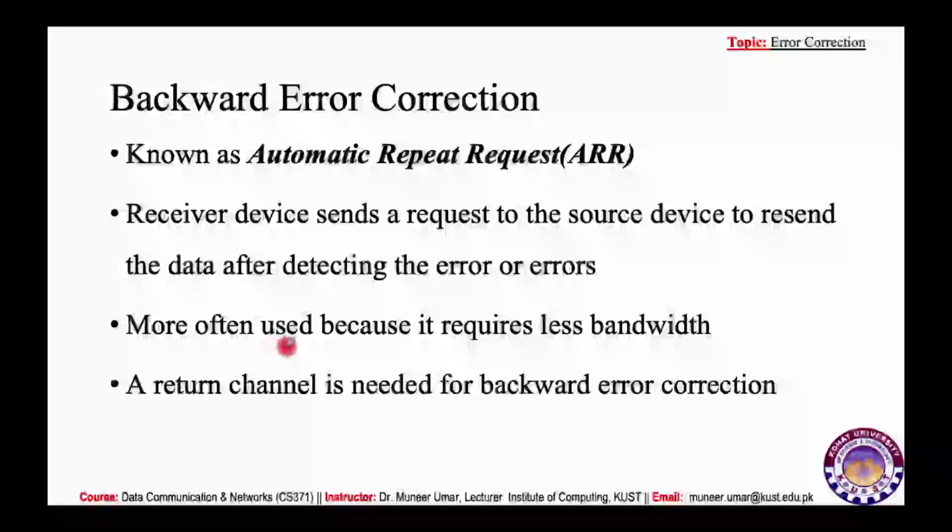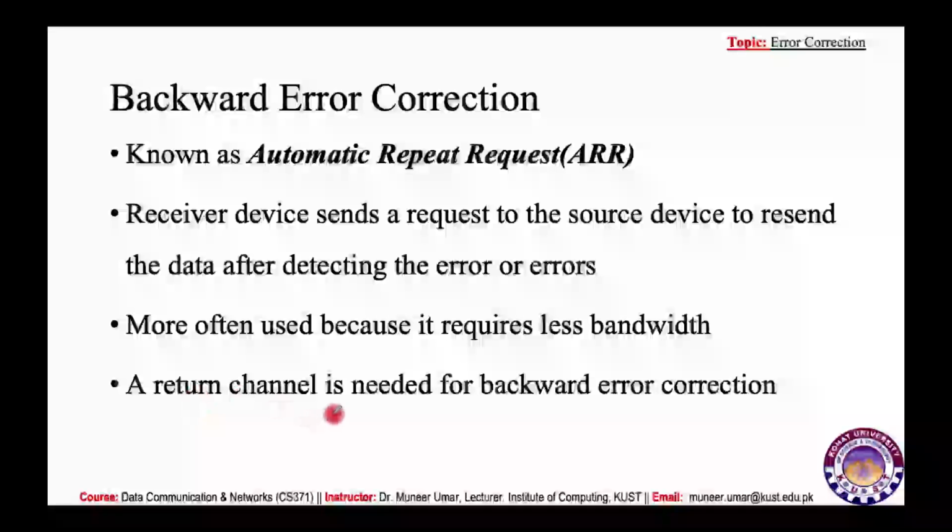It is more often used because it requires less bandwidth. But remember, if there are fewer chances of error, then it would require less bandwidth, but if the chances are higher, then it would require more bandwidth.